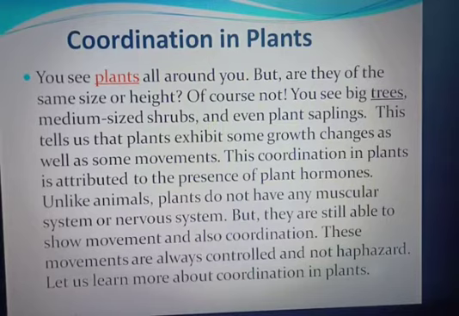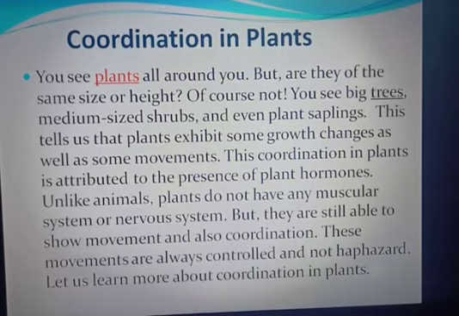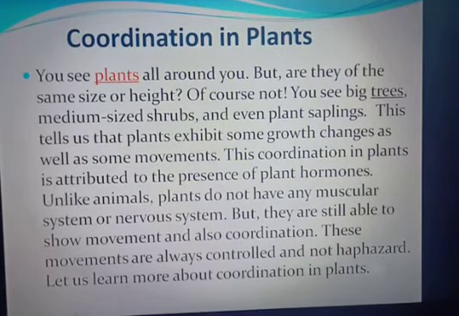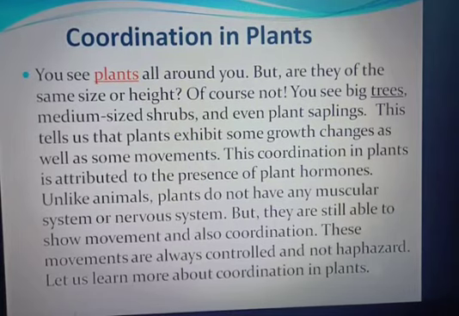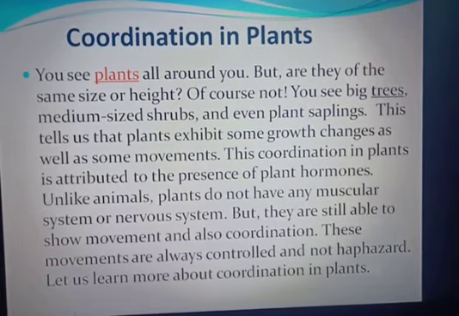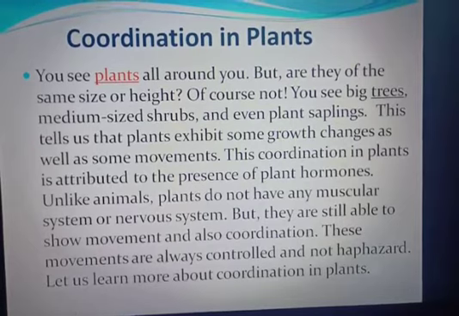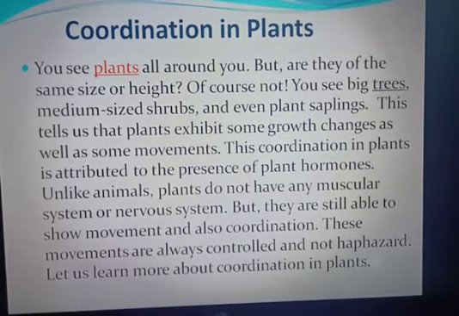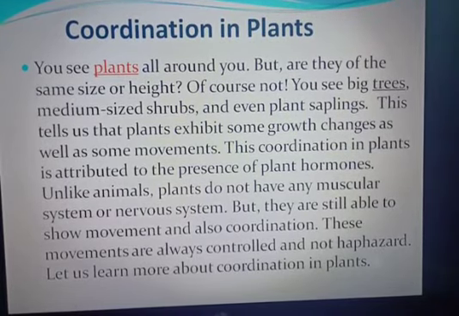These movements are always controlled and not haphazard. Haphazard here means with no particular order or plan, badly organized. So let us learn more about coordination in plants.